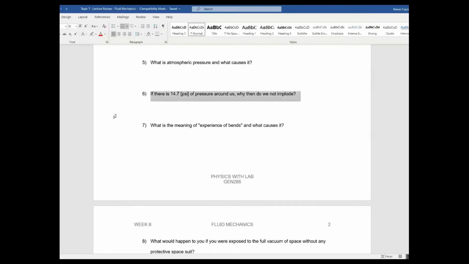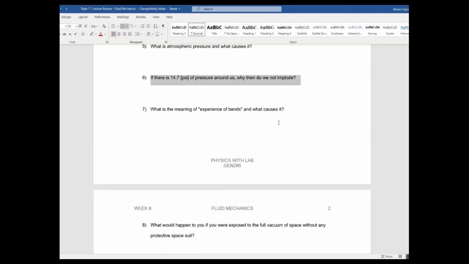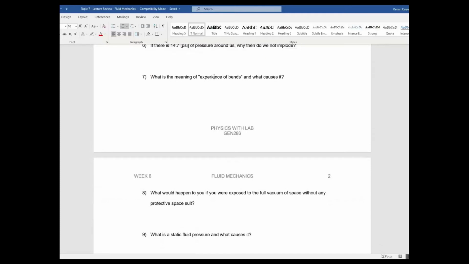There's roughly about 15 pounds per square inch of pressure around us, right? Why do we not implode? Because the internal pressure and external pressure are the same. Okay, very good. Internal and external pressures are equalized. So because they are the same, not only do we not implode, we don't even feel it.